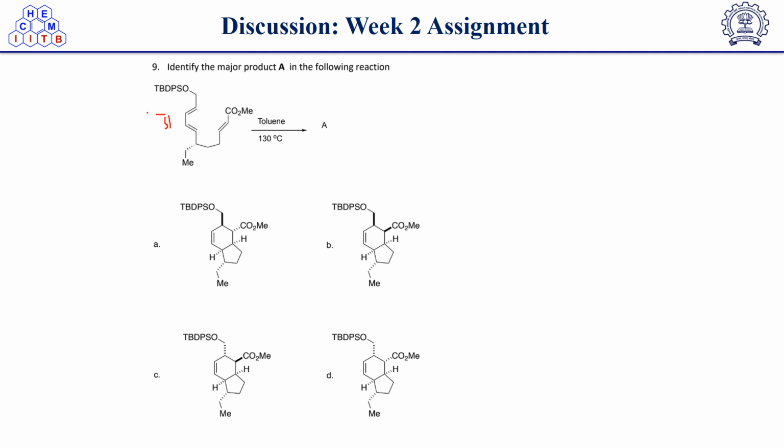CO2Me will be towards this side. So this group and our CO2Me will be having the same stereochemistry, and this methyl group and this TBDPS will be having opposite stereochemistry.